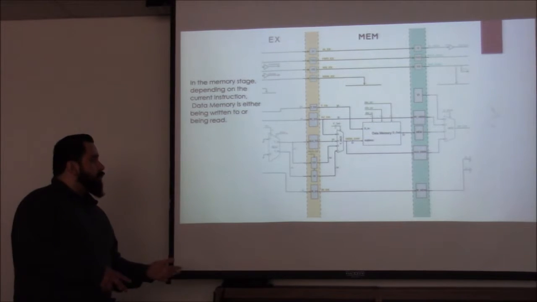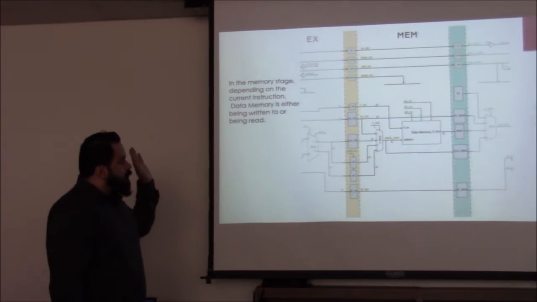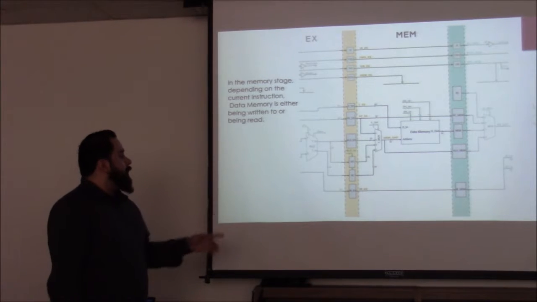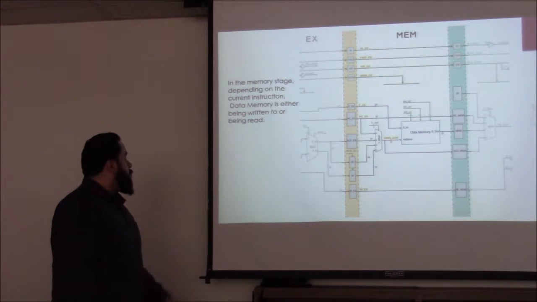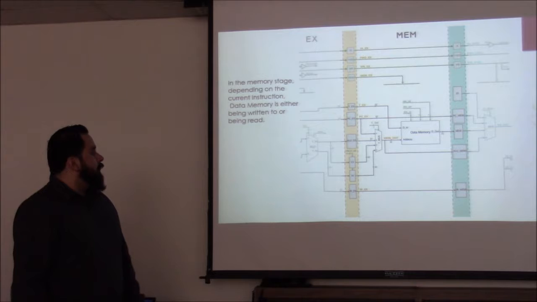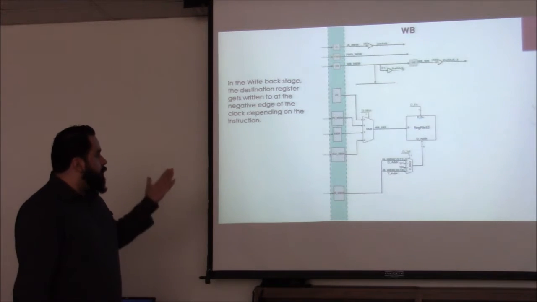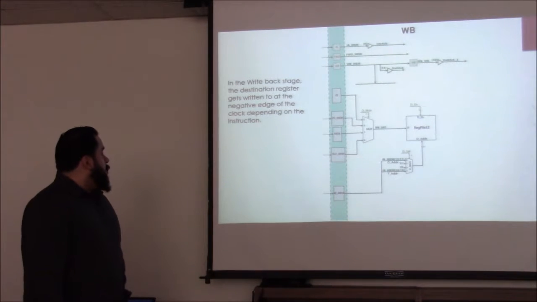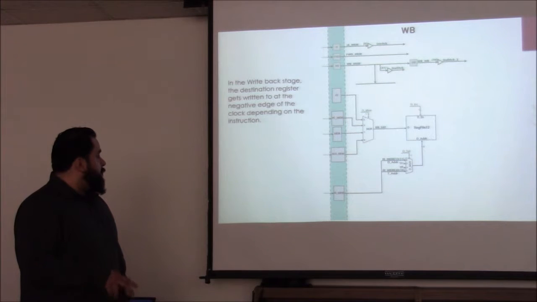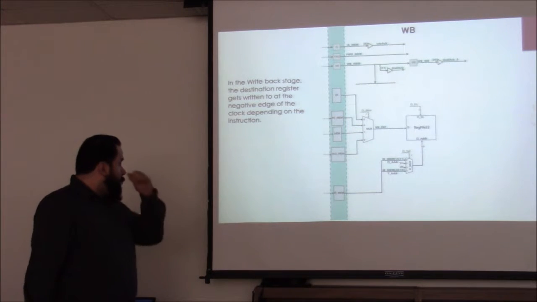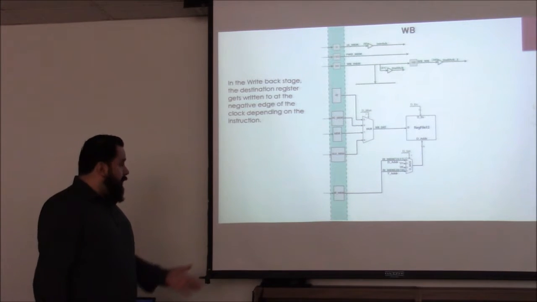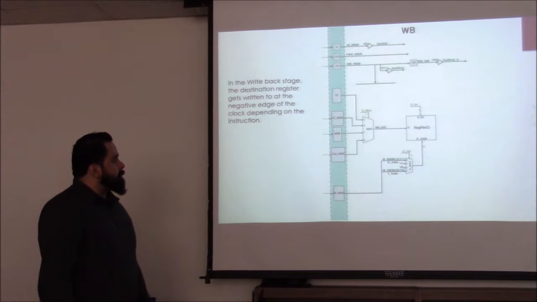And similar to the previous one, the control signals are also passed from this stage onto the next, as well as the outputs from the data memory. And that next stage, of course, being the write-back stage. And in this stage, the destination register gets written to on the negative edge of the clock, depending on if the instruction requires that.